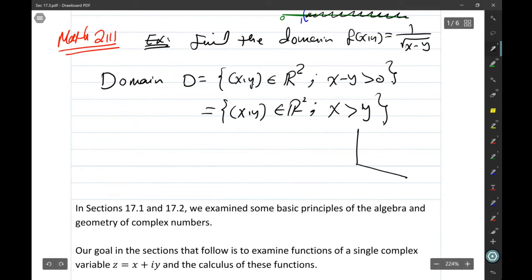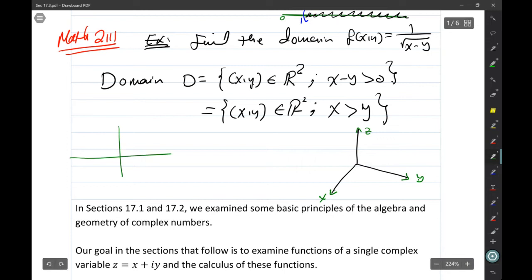How? This is x, this is y, and this is z. First of all, you have to sketch y equals x and see where x is greater than y, in which side it is located.